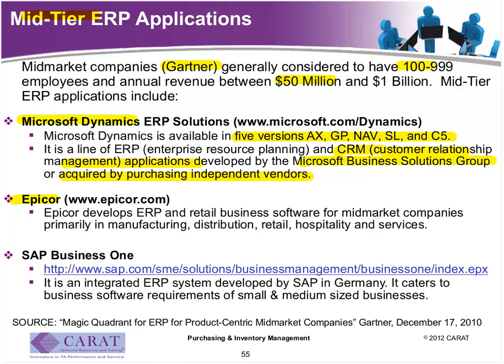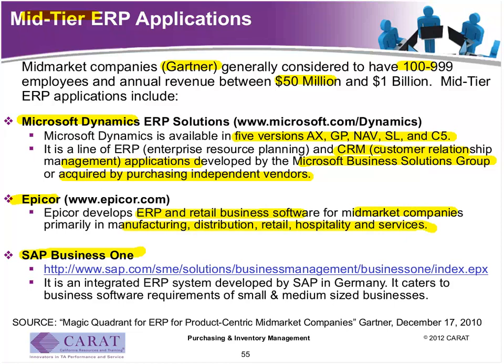They develop ERP, especially retail software, for mid-market companies in manufacturing, distribution, retail, hospitality, and services. And then there's SAP Business One. Again, this is a subsidiary of SAP. And again, the domain expertise that SAP has in their core applications is rapidly being rolled out into SAP Business One.